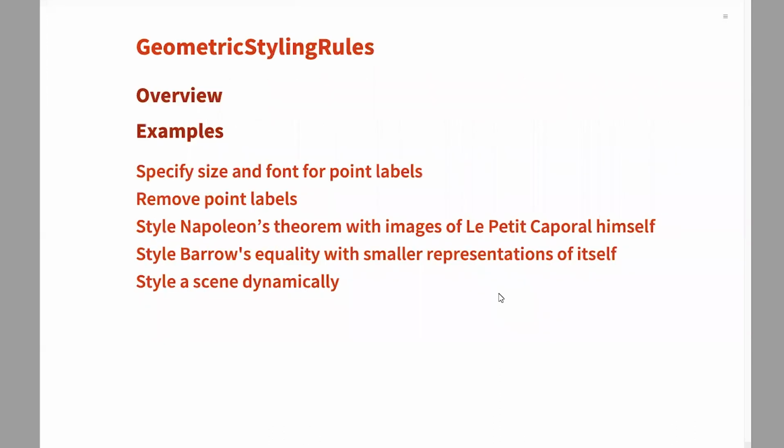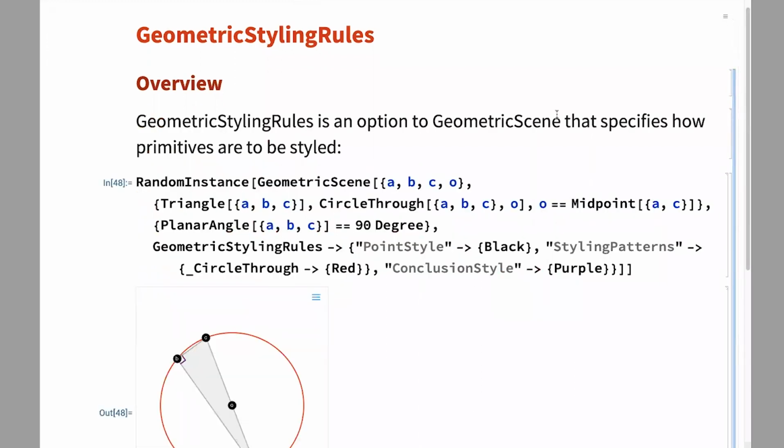Okay, so first I'm going to talk about some updates to GeometricScene, specifically GeometricStyleRules, which is just an option for styling geometric scenes. Previously you'd have to wrap the Style head around structures inside the geometric scene to style it, but now we can just have an option at the end if you want to style multiple things at once.